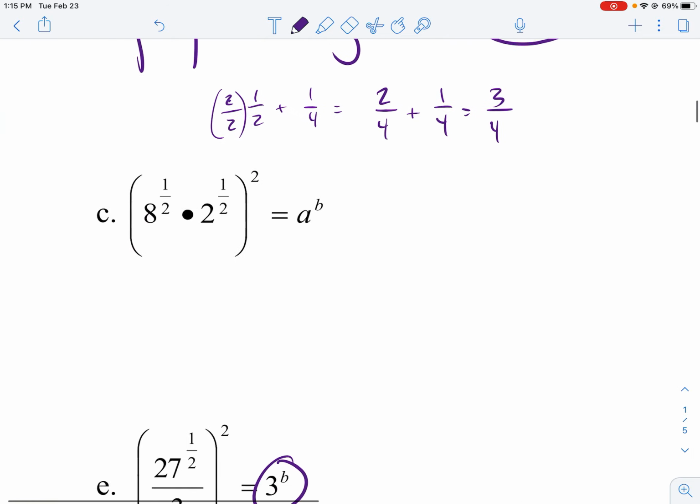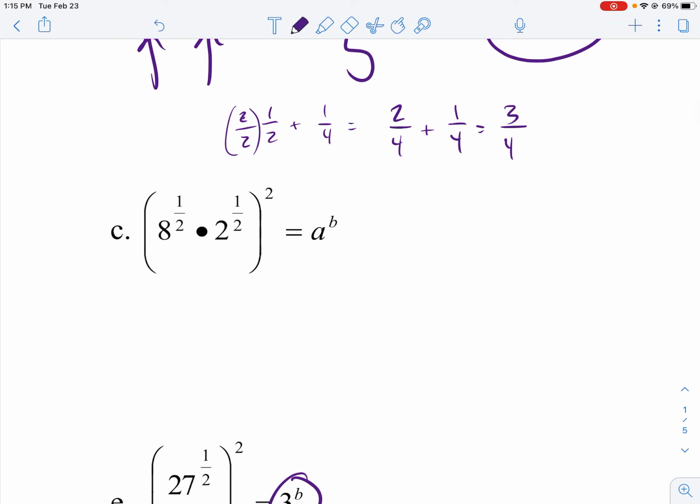Take a look at letter C. Now letter C, we don't have the same base. There are a couple ways we could go about this, but I'm going to go the easiest route. One of our exponent rules says that when we raise something to a power, it's almost like it got distributed across them.